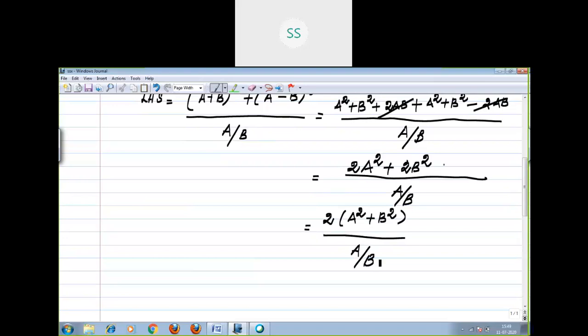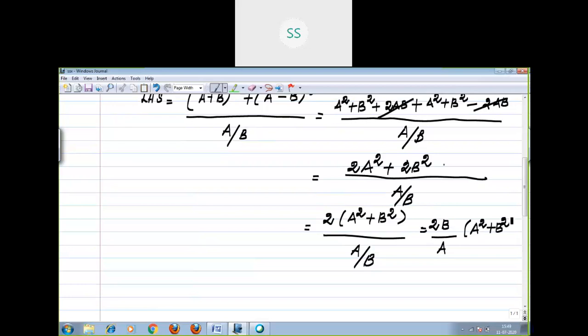Here you see your denominator is a fraction. If the denominator is a fraction, you can write it as a reciprocal. So it will come as 2 into b divided by a into (a square plus b square).